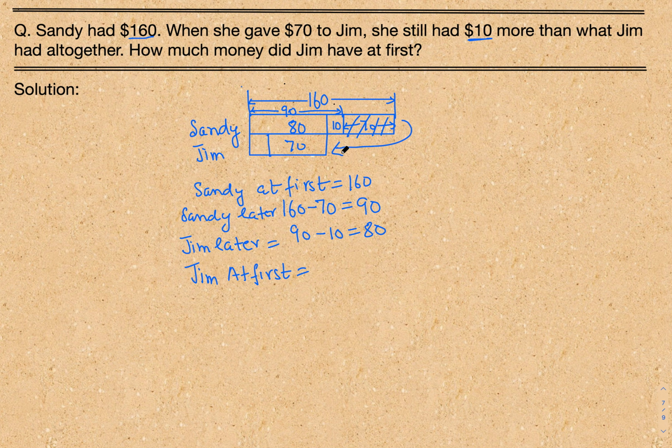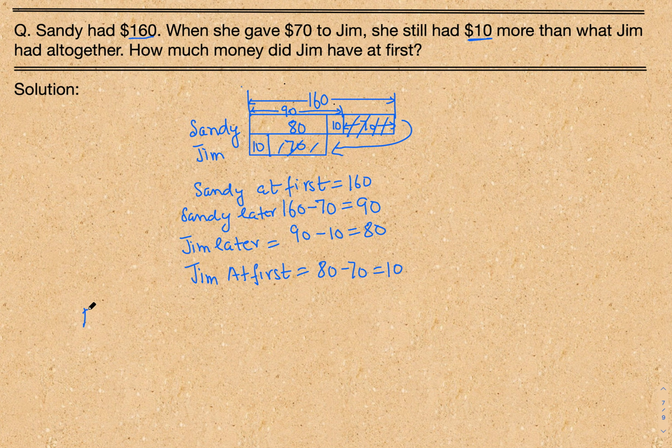If this whole thing is 80, and this part is the 70 he got from Sandy, that means at first he was 80 minus 70, which is $10. He was having only $10 at first. Okay, so that's your answer.